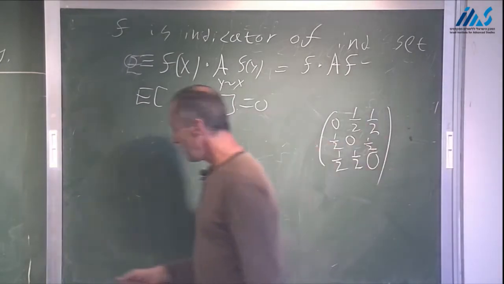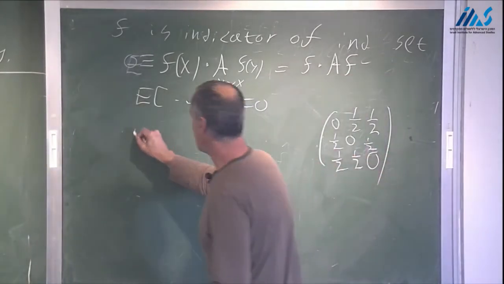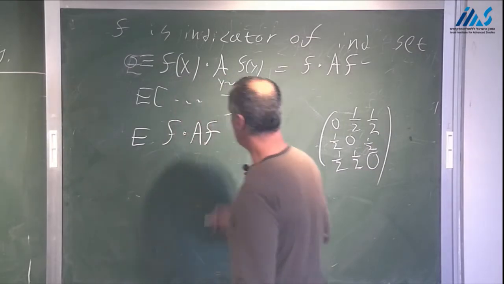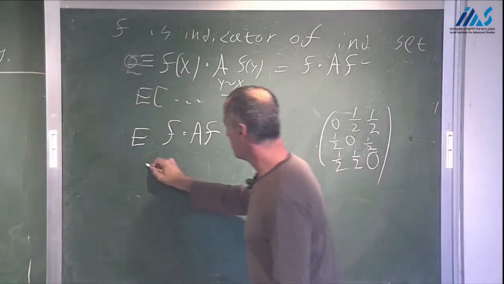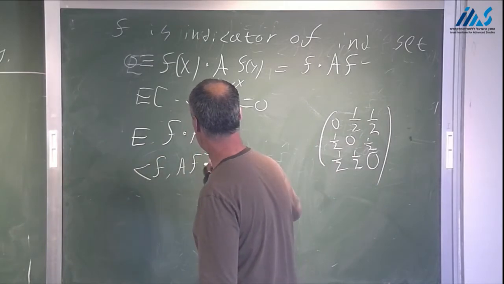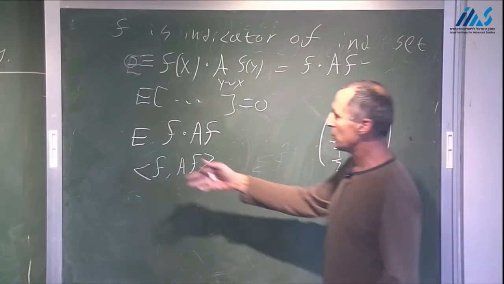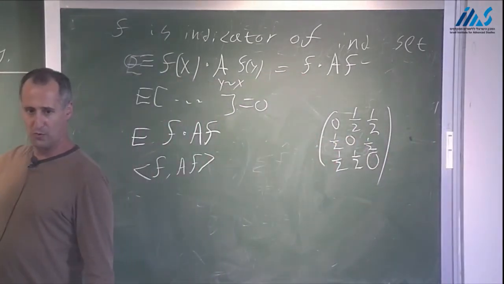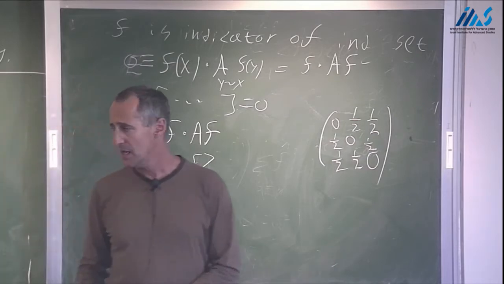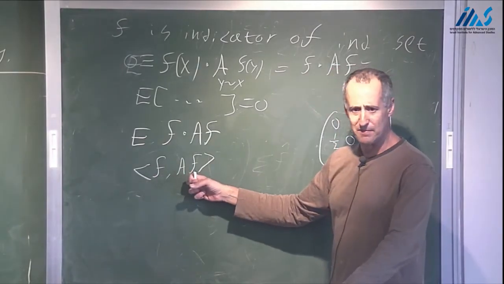So I want to look at the expectation of f times Af, which you can also write as the inner product of f and Af, if you take the uniform measure. And now somehow this orthonormal basis should come into play. I want to expand f in terms of this basis, but I have to expand f and I have to expand Af.